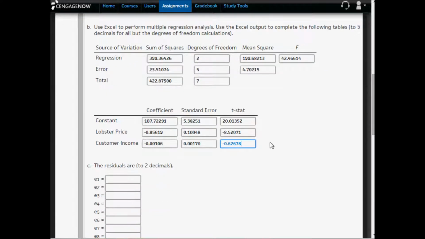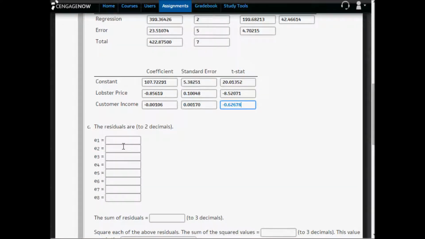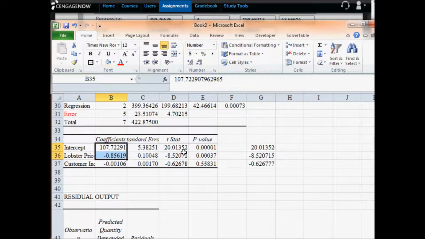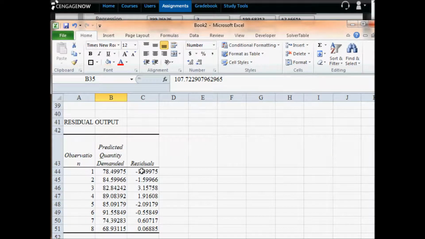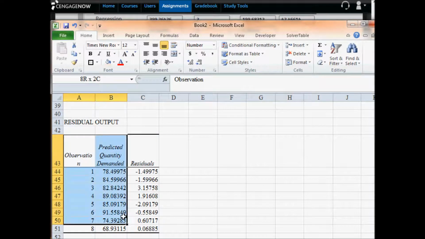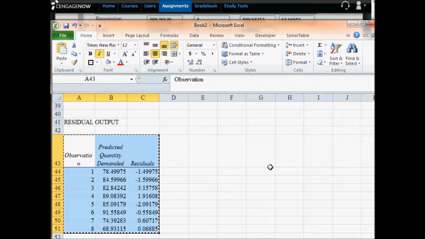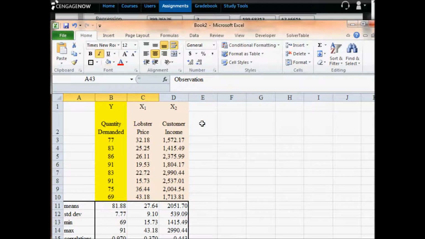Okay, what's the next thing we've got to do? We have to get the residuals. What are the residuals? Well, I had the residuals computed, right? So this is residual 1, residual 2, residual 3, residual 4, residual 5, residual 6, residual 7, and residual 8. What I'm going to do is copy this stuff and put it up here next to the data.